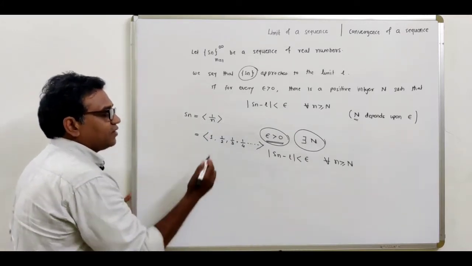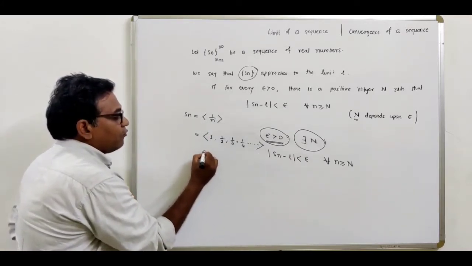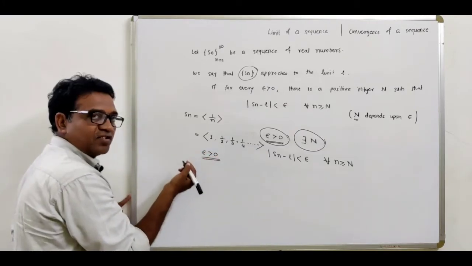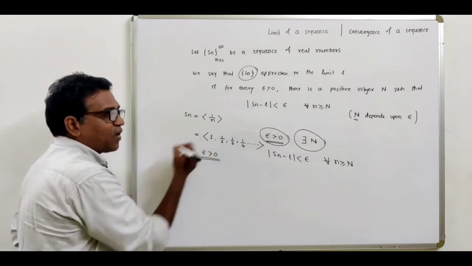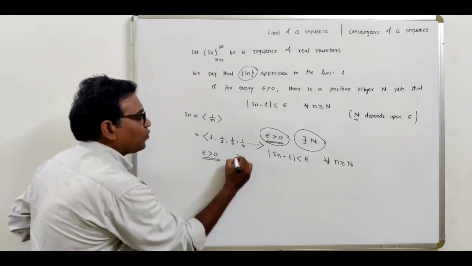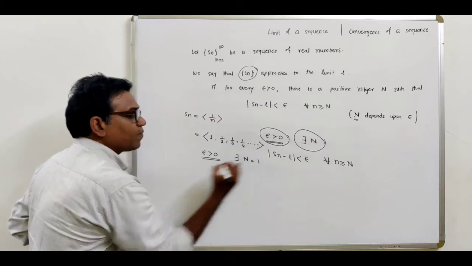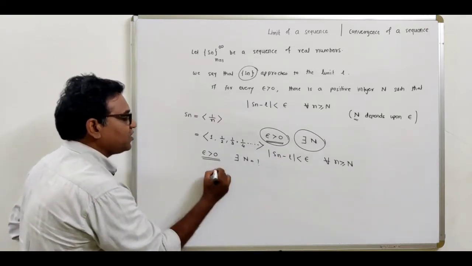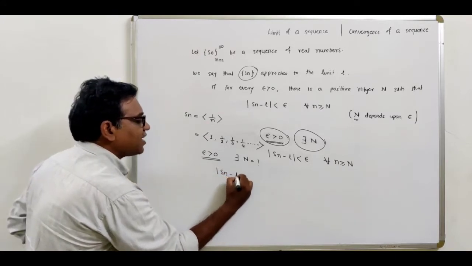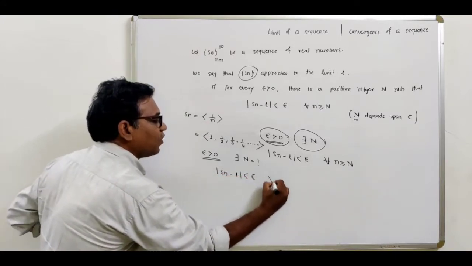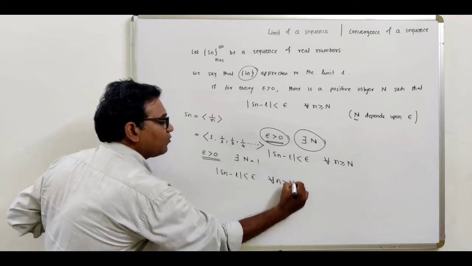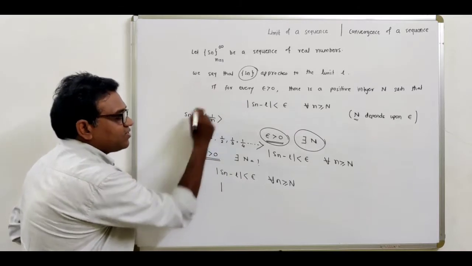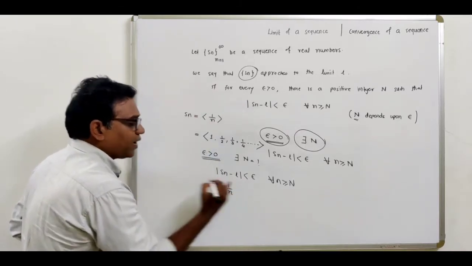Now what is this condition? We have to choose epsilon greater than 0 and find this capital N satisfying the condition modulus of Sn minus L is less than epsilon for all n greater than or equal to capital N. Now Sn means our given sequence, that is 1 upon n.